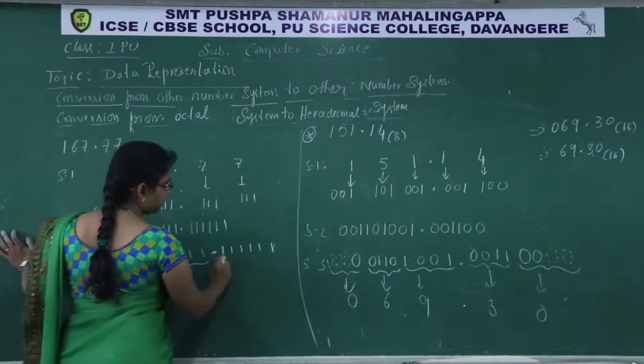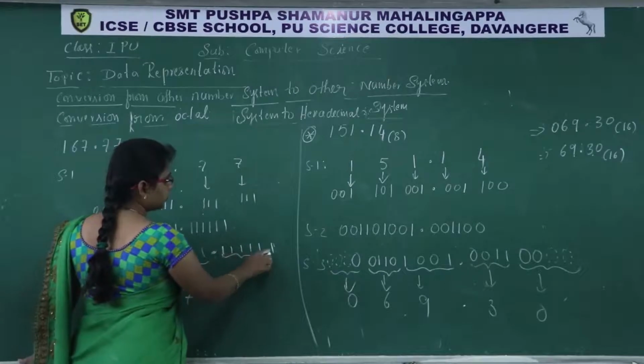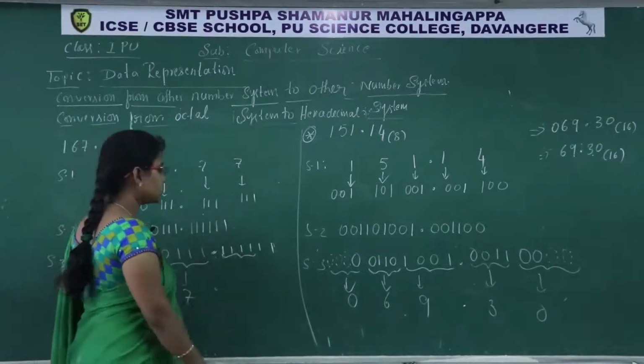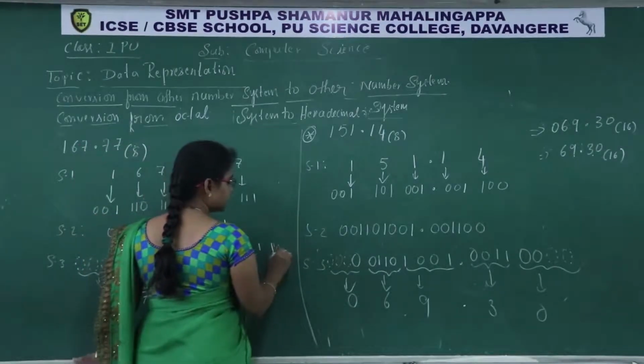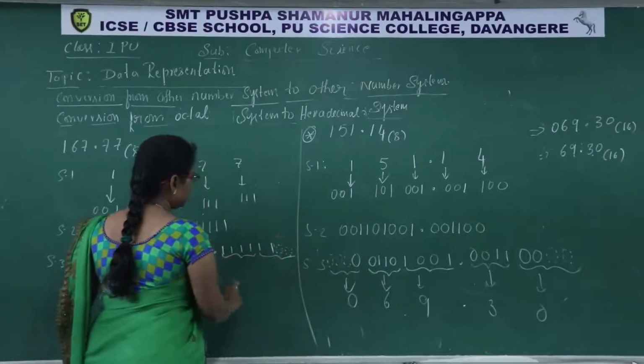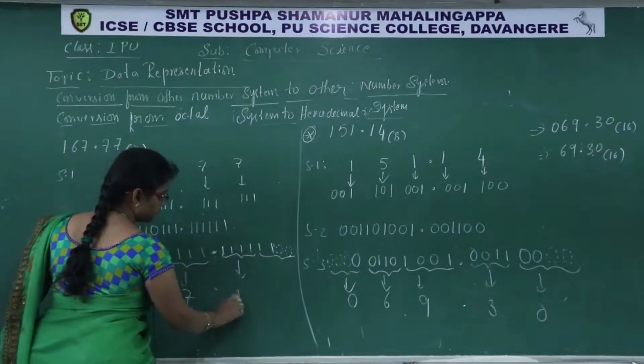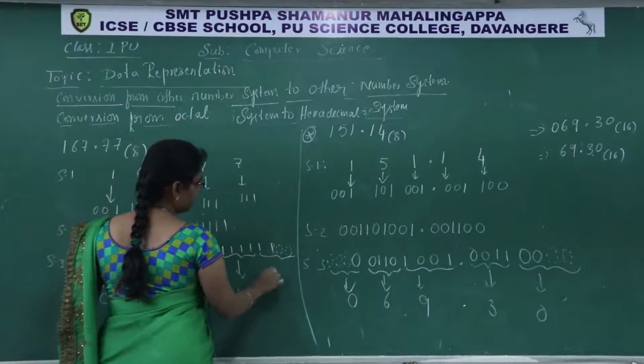Point. Here we have to start from MSB. 1, 2, 3, 4. 2 more bits are required here, so I must write dotted zeros. Then 1, 1, 1, 1, 4 ones, it means 15. Here 8 plus 4, 12.